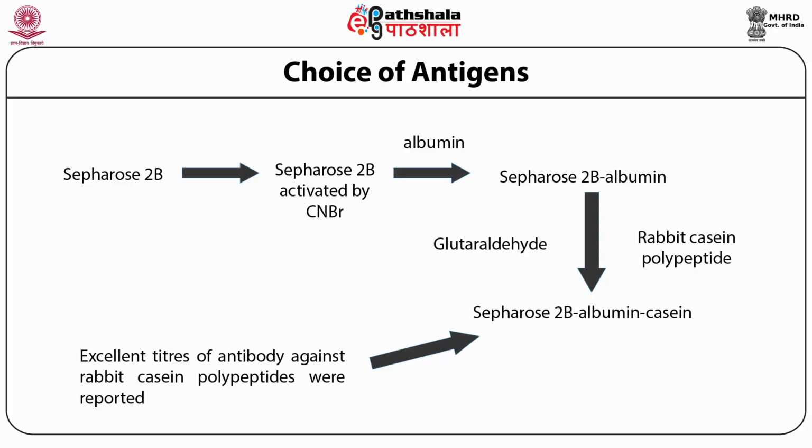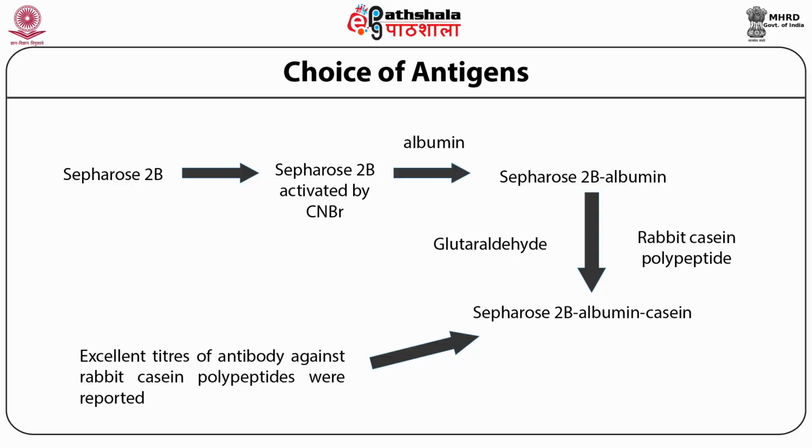So the conjugates like Sepharose 2B, albumin and casein have been used to improve the antigenicity of caseins. First, the Sepharose 2B is activated by cyanogen bromide. The albumin is linked to it. Albumin now has many free amino groups.